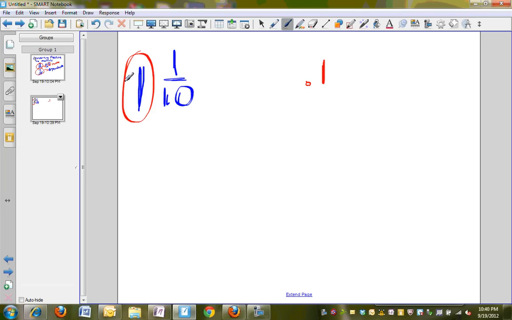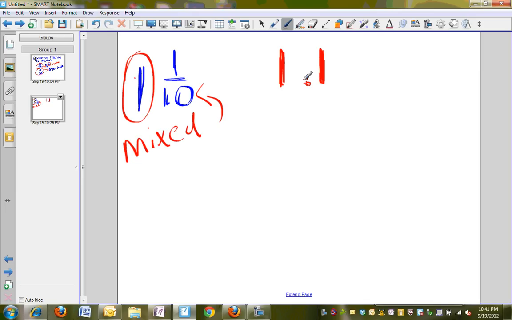So this right here is a mixed number because it has both a whole and a fraction. Okay? So a mixed number is going to contain a whole and a fraction. So we have 1 and 1/10. So we want to express that as a decimal. And we've got the 1/10 right here, but we're going to need the whole part too. So 1 and 1/10 is actually 1.1.